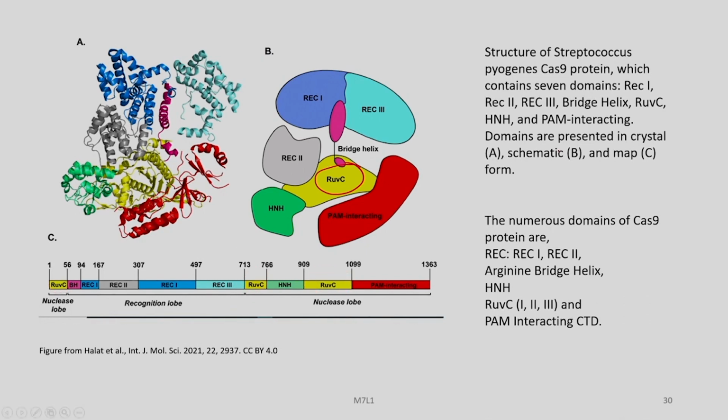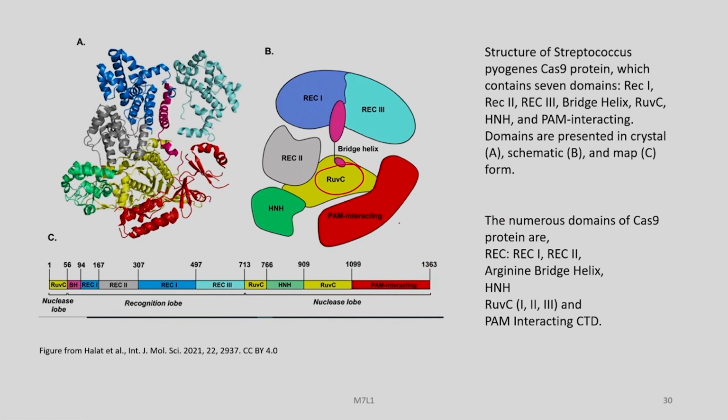Then there is a PAM interacting domain, and we know about this PAM sequence now, and these are overall the domains of Cas9 protein, which we have already discussed.